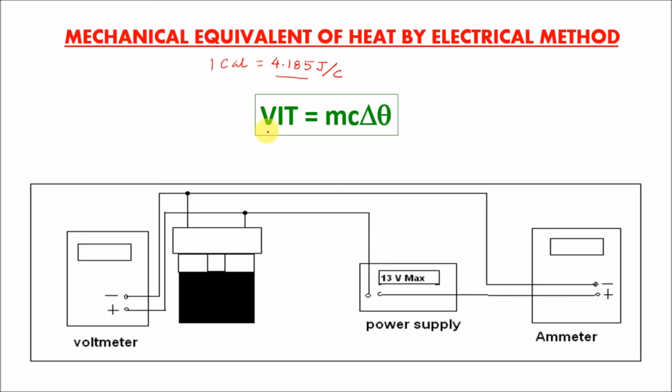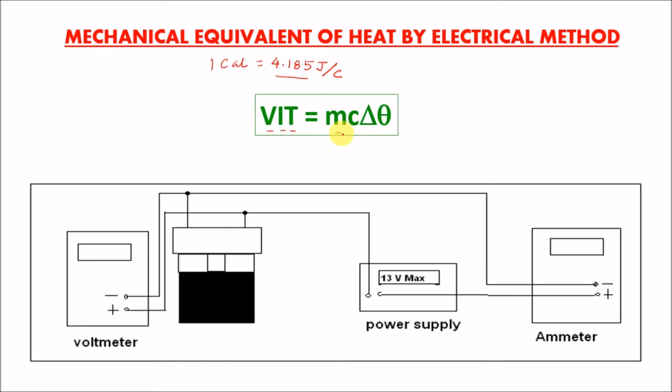this VIT, V for voltage, I for current and T for time, will give you the energy which you are getting from an electrical setup. This energy will be used up in heating water which is placed inside a beaker.